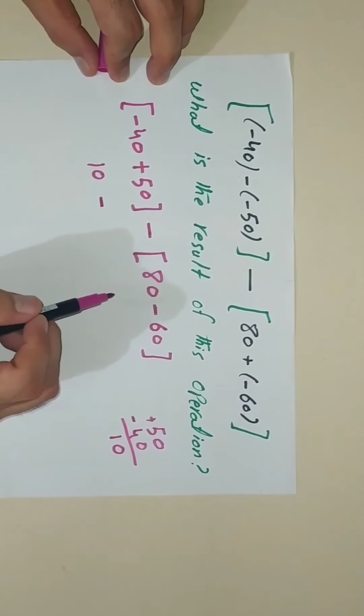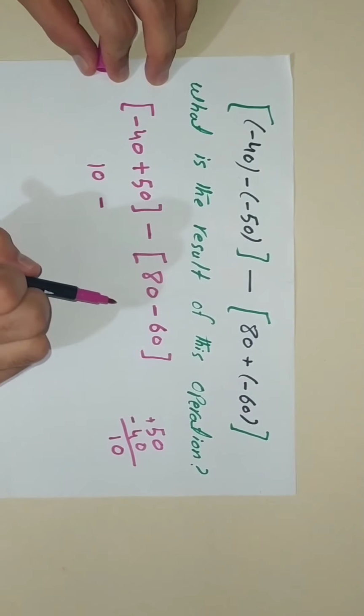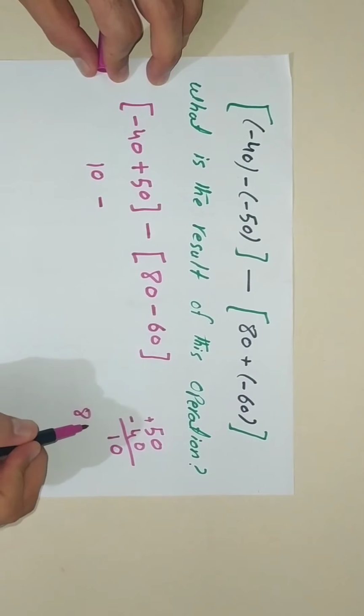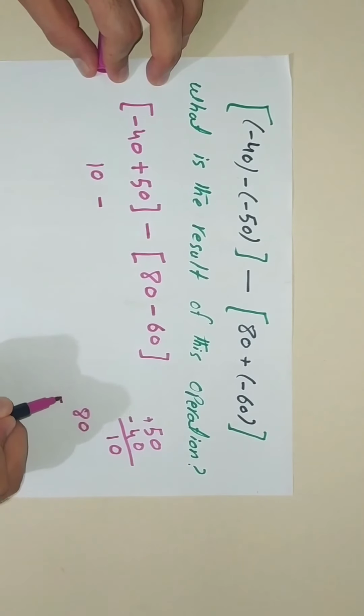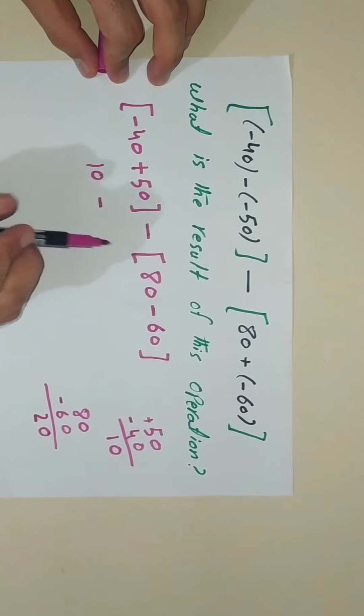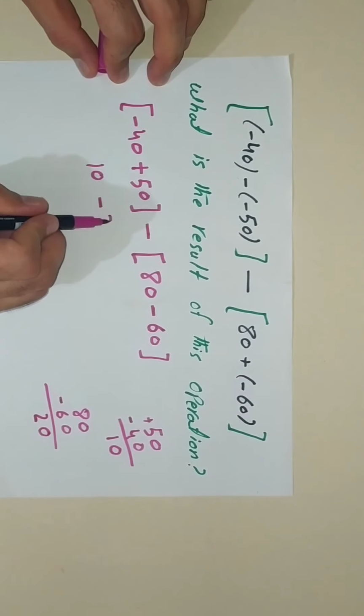If I subtract 60 from 80, okay, 80 plus minus 60, it will give us 0 and it will give us 2. So I solved this bracket. The answer of this bracket is 20.